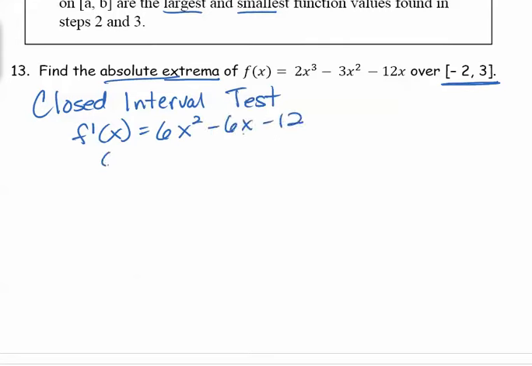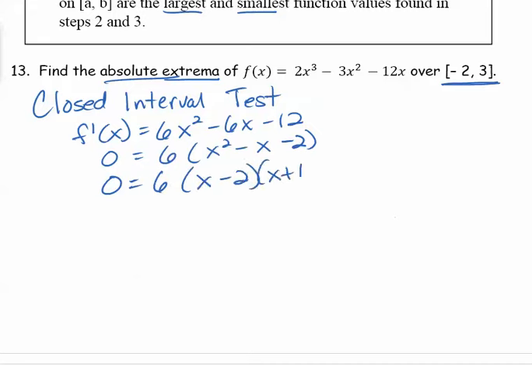And there's no undefined values, but I do think I'll be able to factor this. And I better keep the signs correct here. X minus 2, x plus 1. So our critical numbers would be -1 and +2.